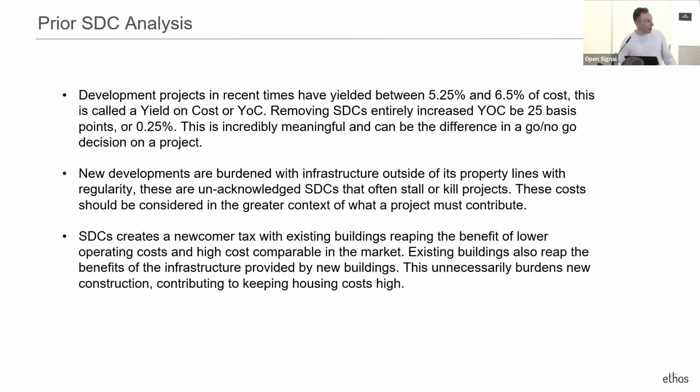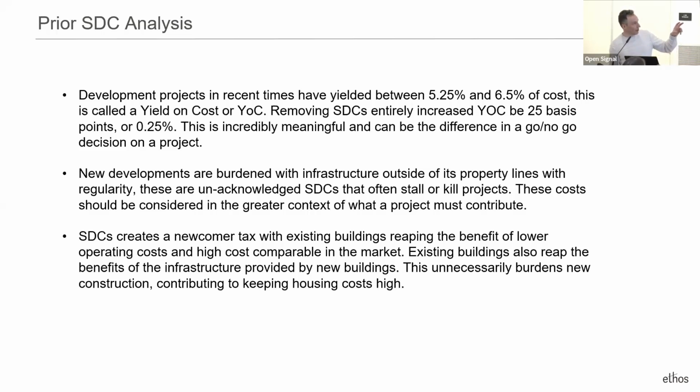The way one would look at a development project to understand if it's viable is to take the sum of the total costs, which includes everything from finance costs, interest reserves to pay your interest while you're under construction, land, development fee, contractor, everything, and divide it by your NOI, or net operating income. That produces a yield on cost, which is as close to a financing-agnostic return metric as you can get.